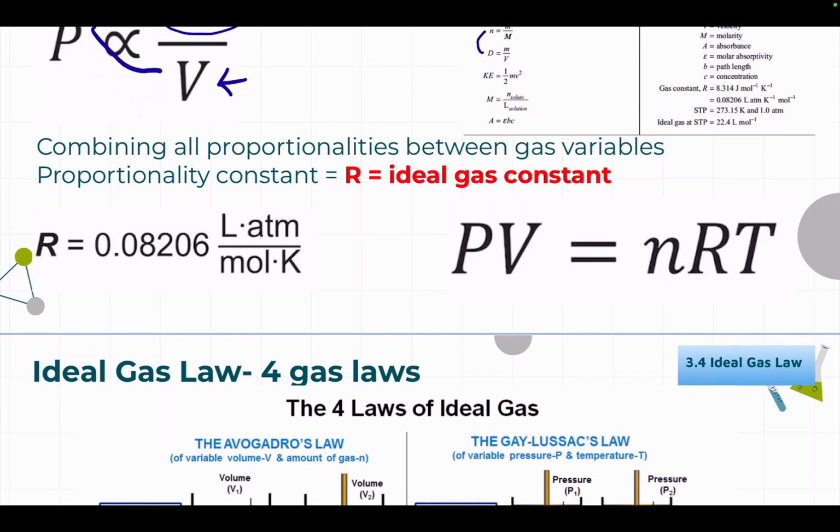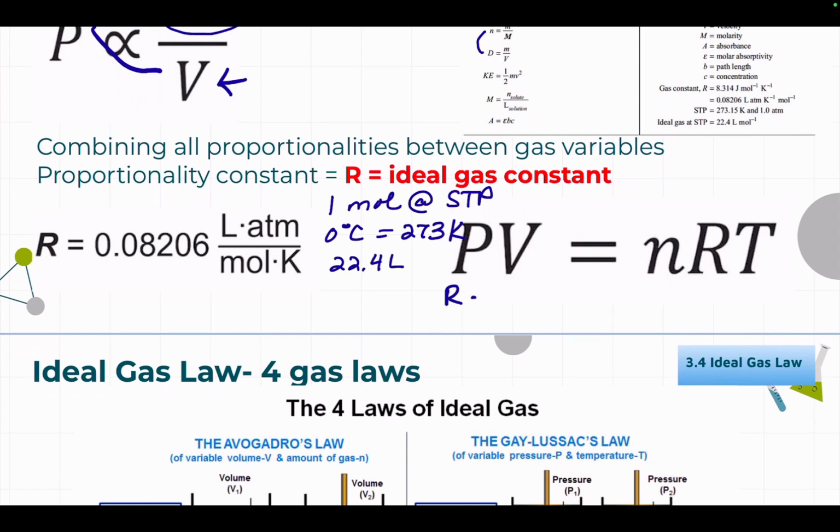If you assume that you have 1 mole of a gas at STP, which is standard temperature and pressure, 0 Celsius, which is 273 Kelvin, it's going to occupy 22.4 liters.